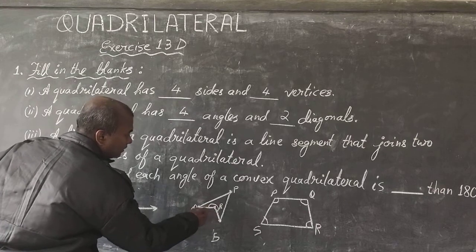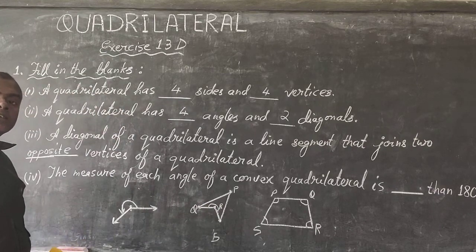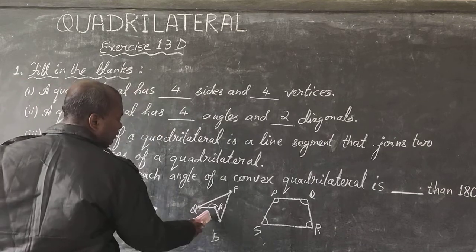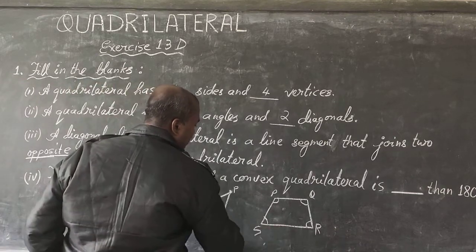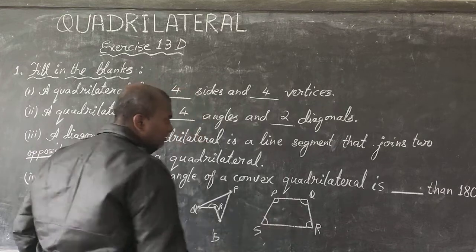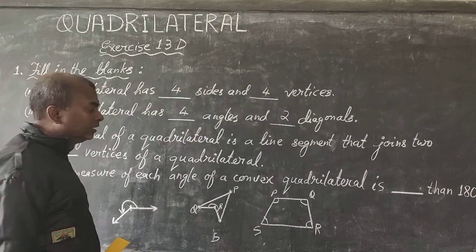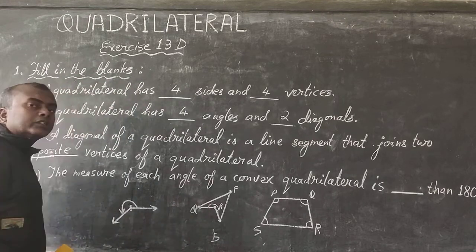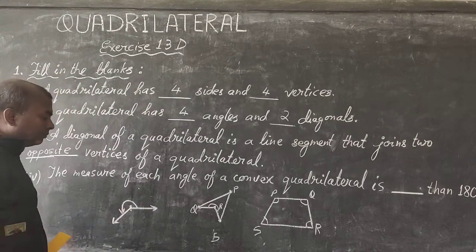This is the angle. It goes more than 180 degrees, isn't it? So this is concave, this is convex. In convex, all the interior angles are less than 180 degrees, whereas in concave, one of the angles is more than 180 degrees. Keep that in mind.